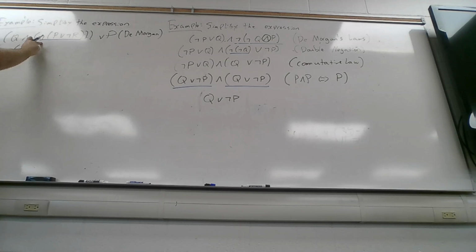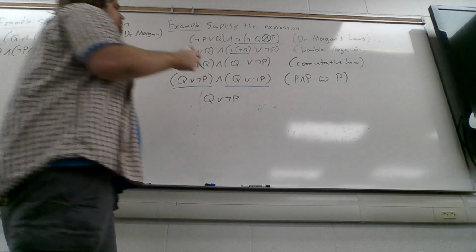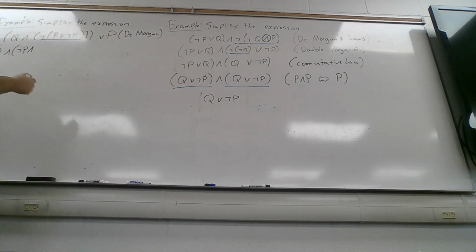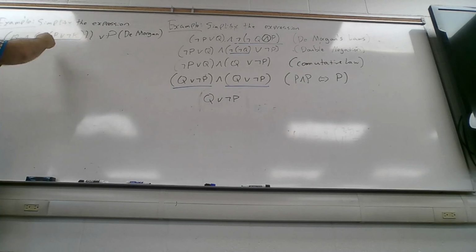Well, this goes in, becomes not P, we flip that symbol, and we get not R. So that's this again. You could write it down and do it in another step, but in this case, I'm just going to do it in our head. We're going to say not R, the nots cancel out, and we just get R or P.